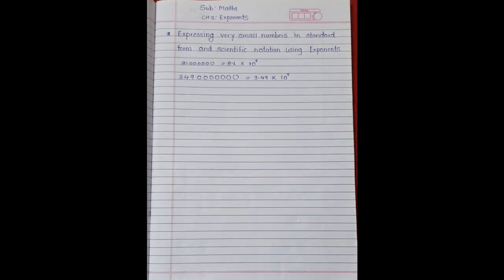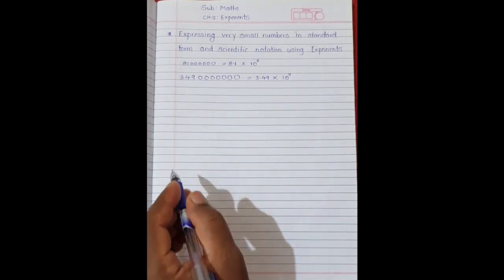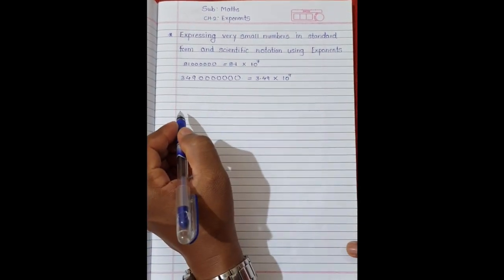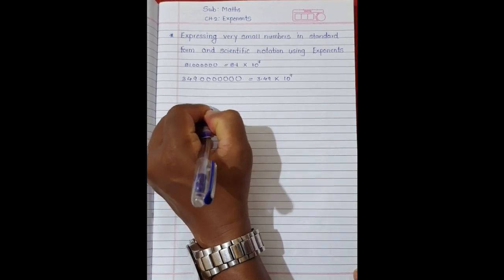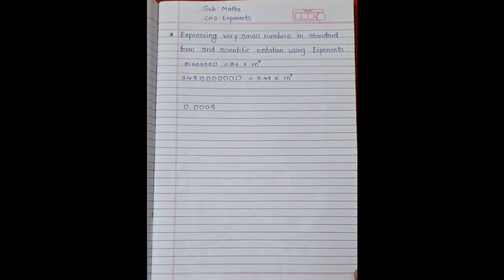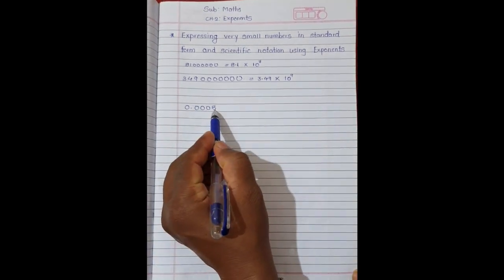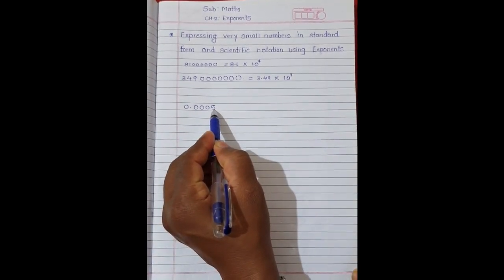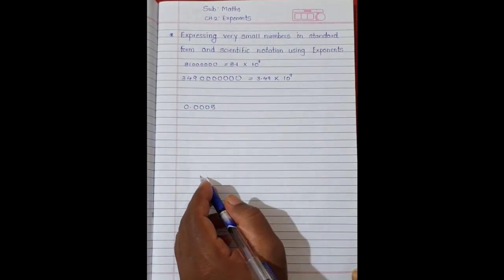So today we are going to learn to express very small numbers in standard form. Now small numbers means, let us take some examples. 0.0005. Is it a small number? Yes, it is a very small number as it is a decimal number and 5 is at the 10,000th place. 5 ten-thousandths. That means it is a very small number.